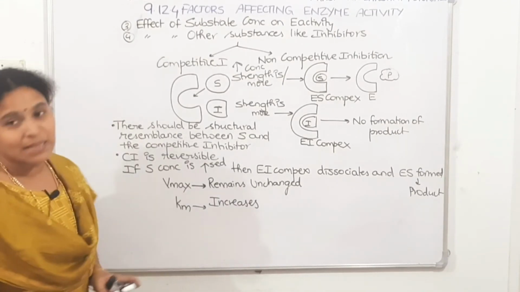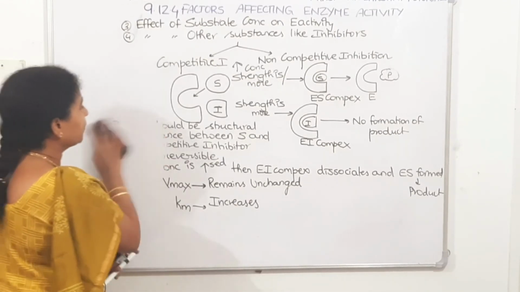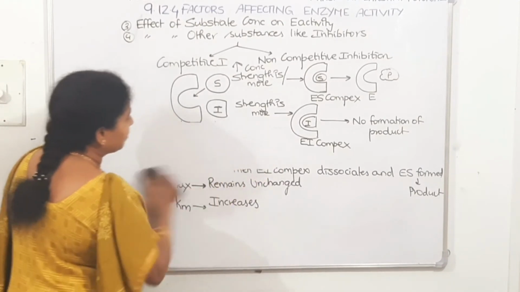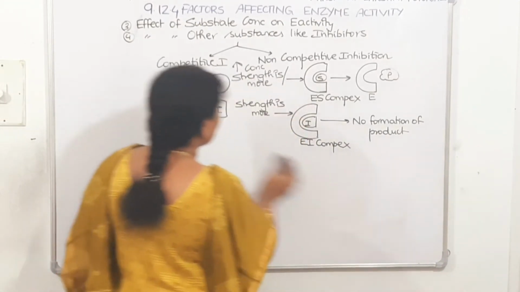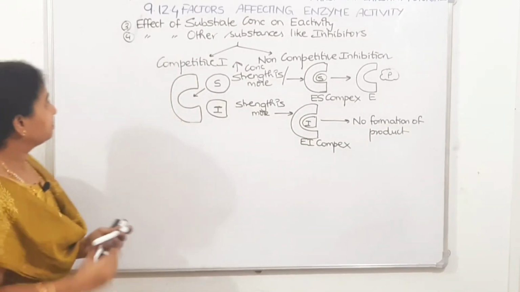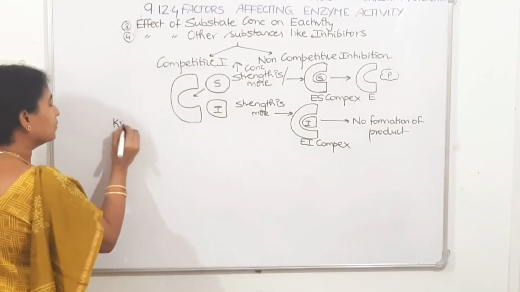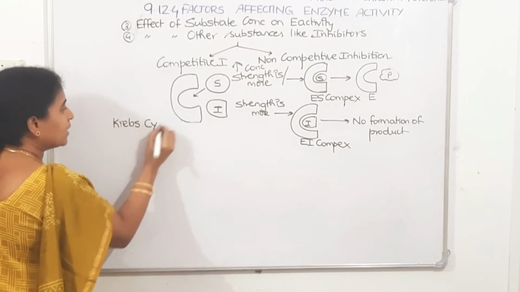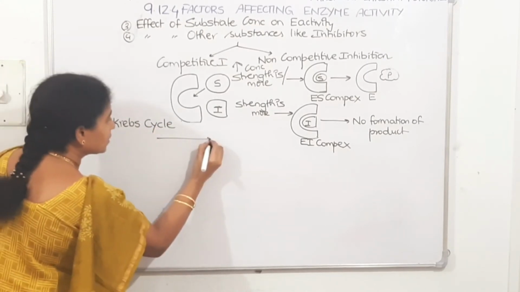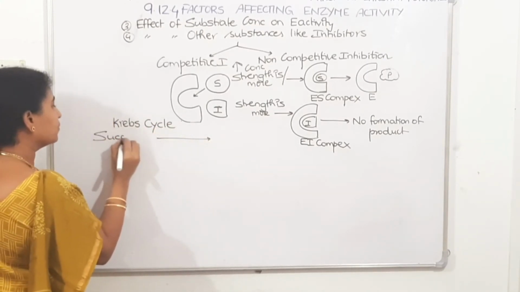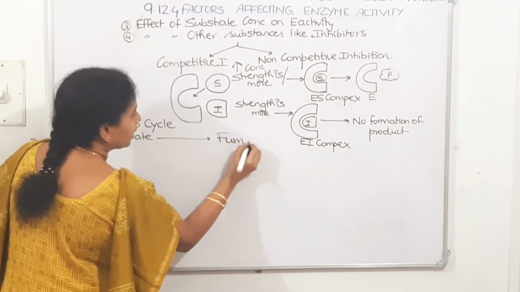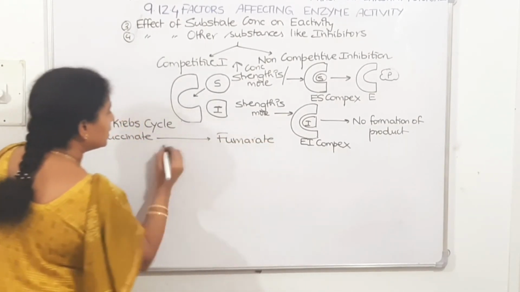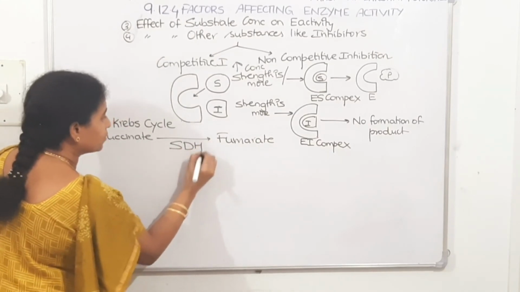Now, let us take an example for competitive inhibition. The classical example for competitive inhibition is there in the Krebs cycle. The reaction is conversion of succinate to fumarate by an enzyme called succinate dehydrogenase.